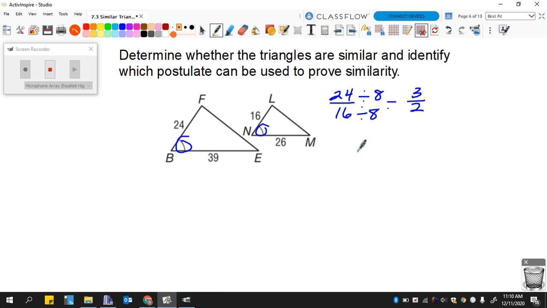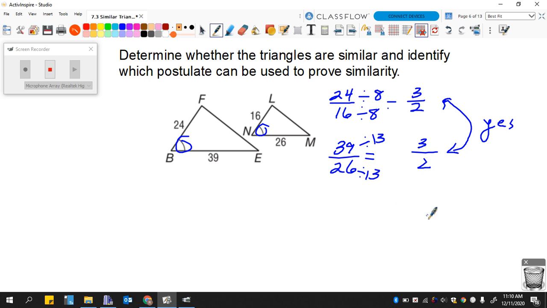Then we're going to do 39 over 26. 13 goes into both of those, or you could also use your calculator: 39 divided by 13 is 3, and 26 divided by 13 is 2. So these are the same, and so we know that they're similar by side-angle-side.